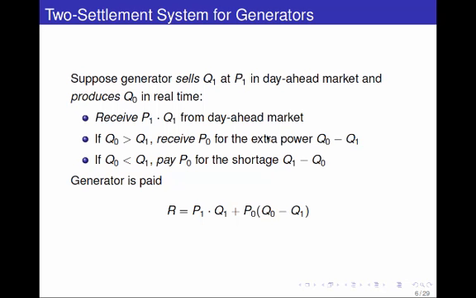I let the real-time market show up because I think that the day-ahead forward price is maybe too expensive. So I leave some margin of my customers unsecured until real time because I have reasonable expectations about what will happen. Because, for example, if this P1 price is too high, then it's maybe not a good deal to enter this forward contract.